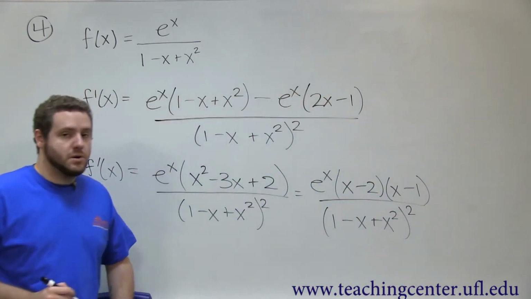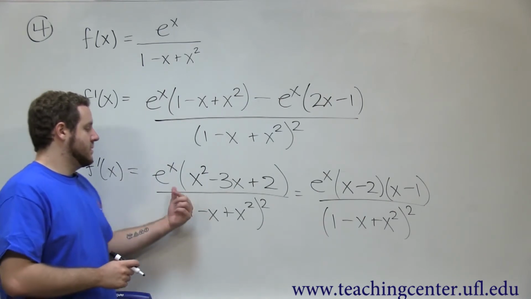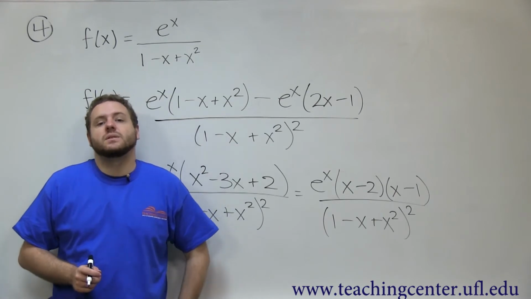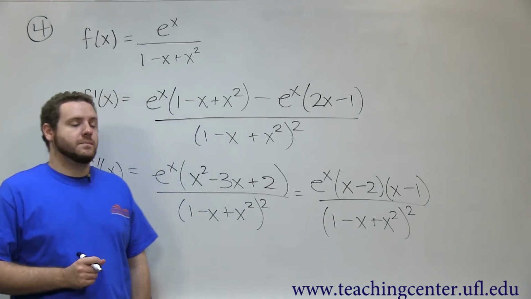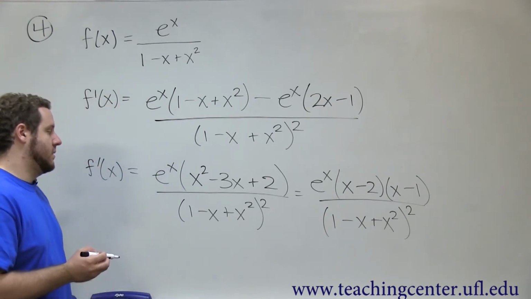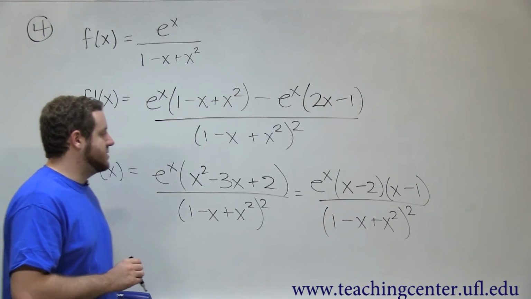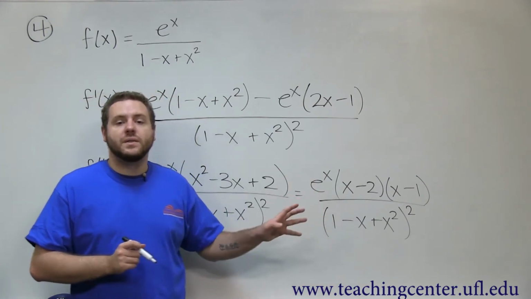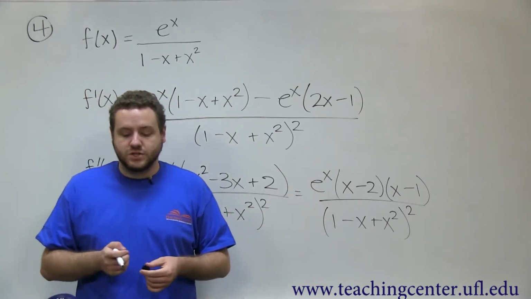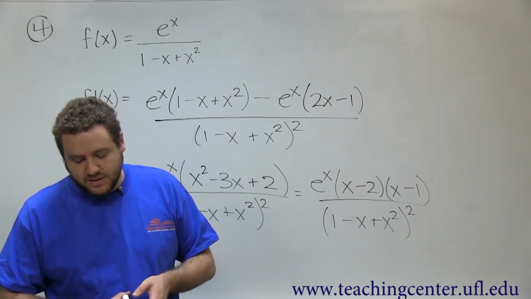Notice that this bottom part, the 1 minus x plus x squared, even if you wrote that in decreasing order, that's not something that factors into whole numbers. In fact, it doesn't have any real factors anyway. So this is the factored version of our derivative, and we wanted that because now we can answer the question, how many critical values does it have, and are they local mins, maxes, or neither?